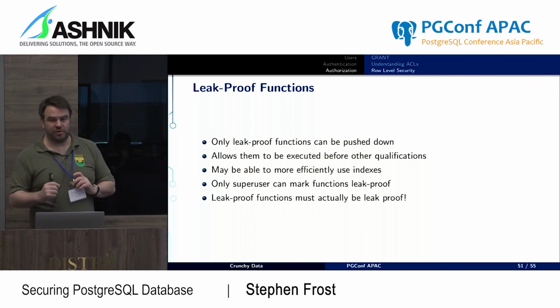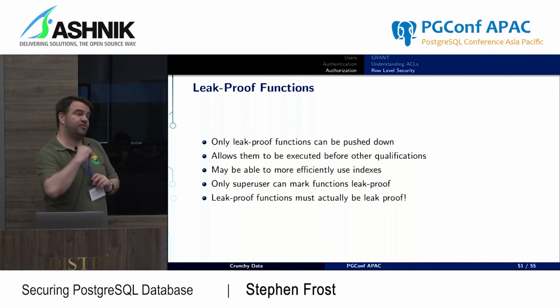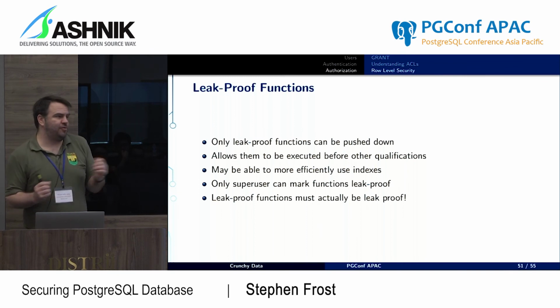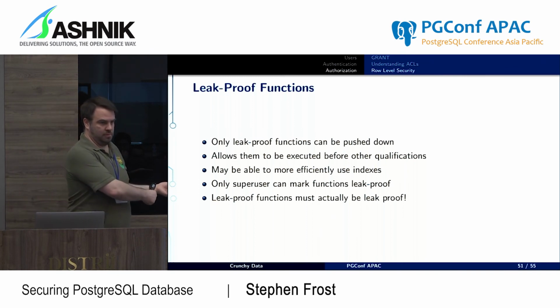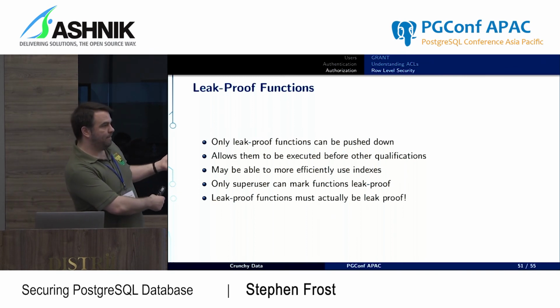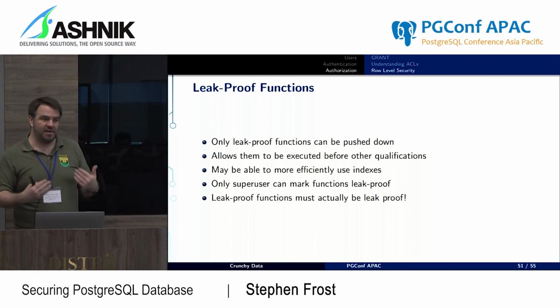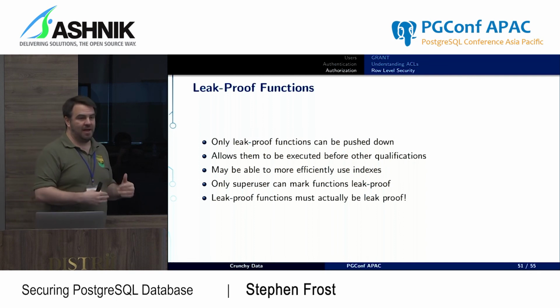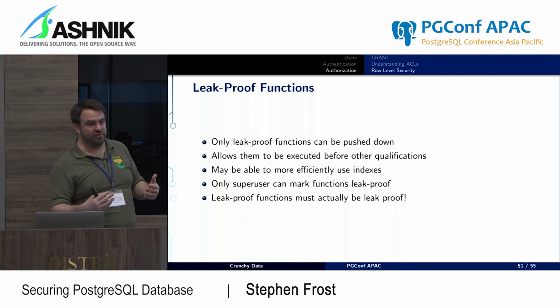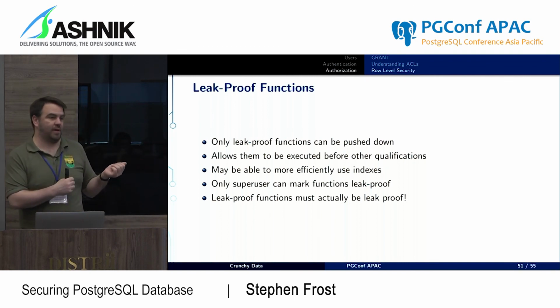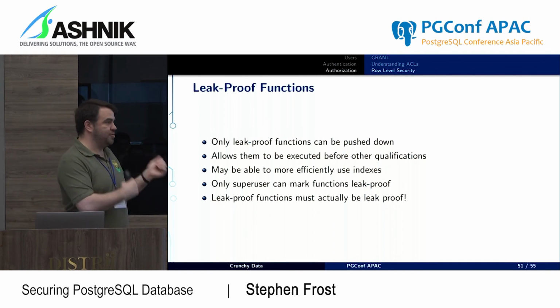If those functions ever return an error that includes data, because it found some data underneath, that data should not be visible to the user, right? This is why we call these functions leak-proof: to be leak-proof, you cannot leak any data, and that means that even in error conditions, you cannot be reporting back any errors that include data, right? If you are, then you're not leak-proof.